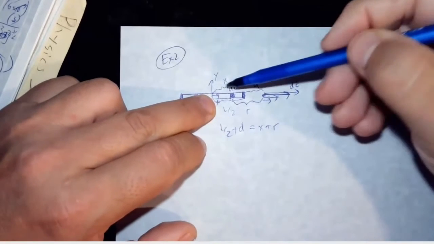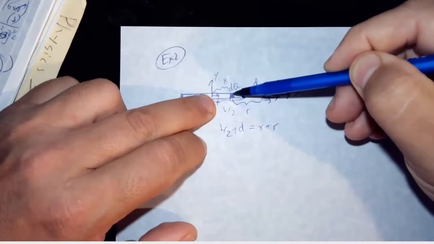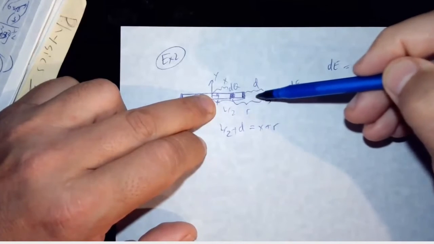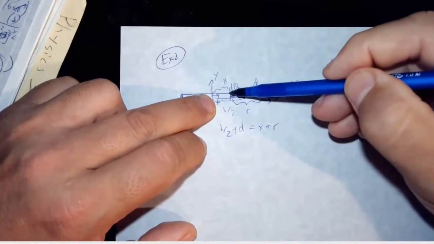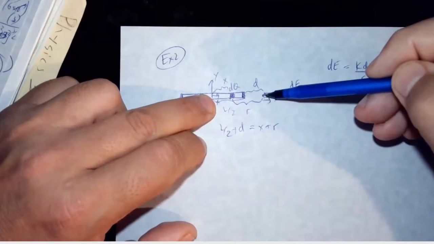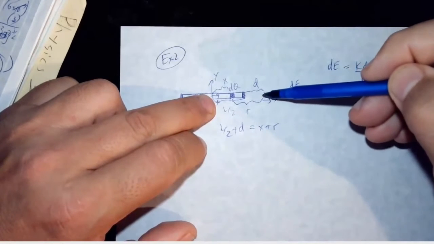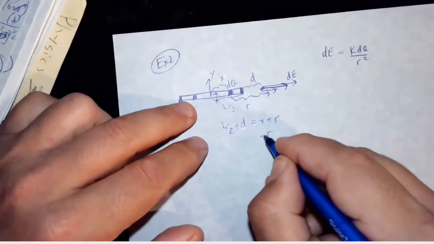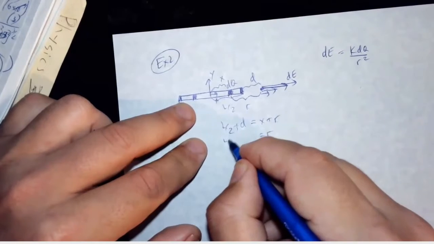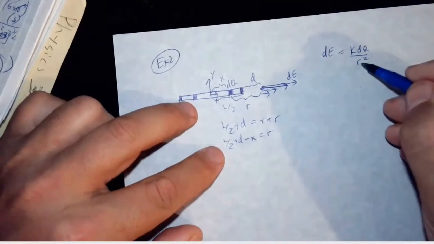Which is the distance to that element, and then R is the distance from the element to that point. So you see, this distance plus that distance must equal this distance plus this distance. Then I can come up with an expression for R. Then I can put that there and square it.